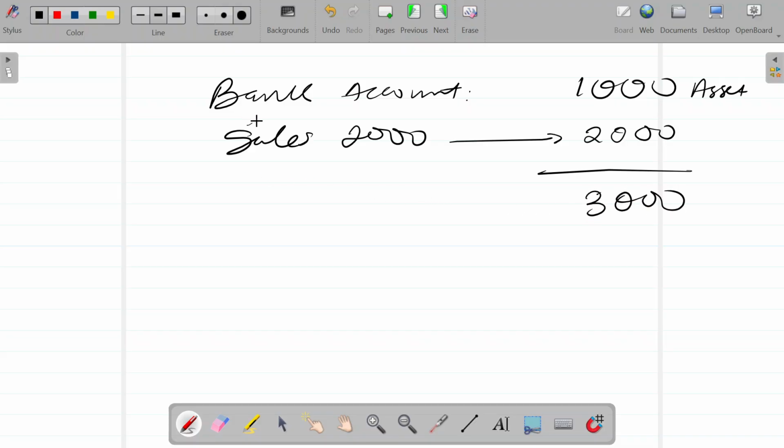So you can see that the sales has increased your assets from 1,000 to 3,000. So anything that increases your assets is an income, and reducing your liability is also a form of income. So this is increase in assets.